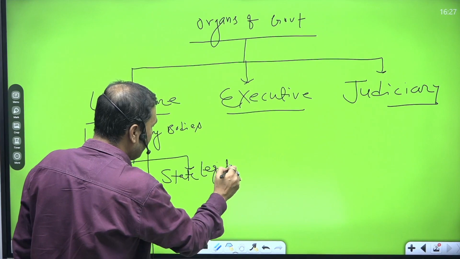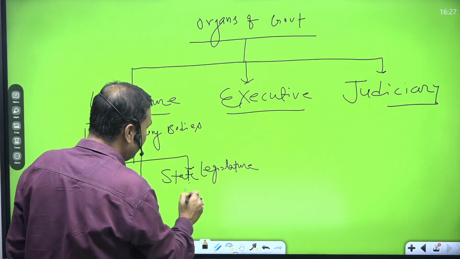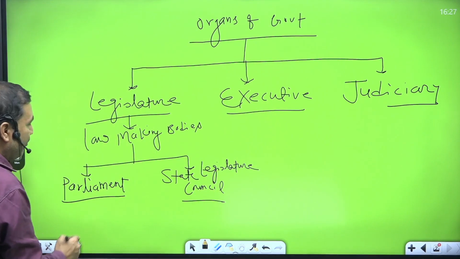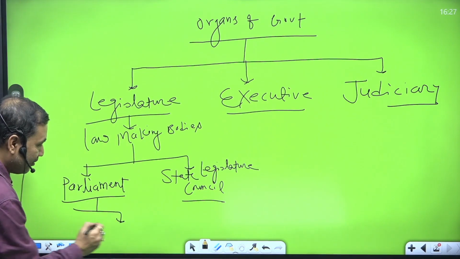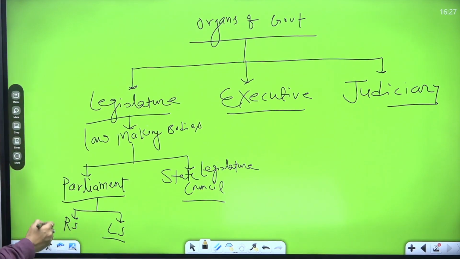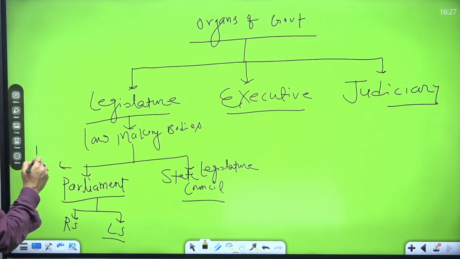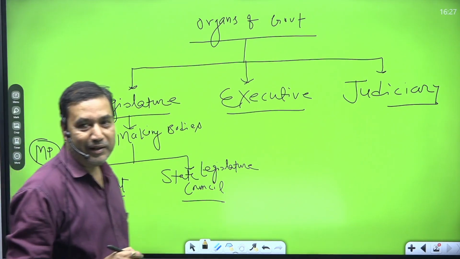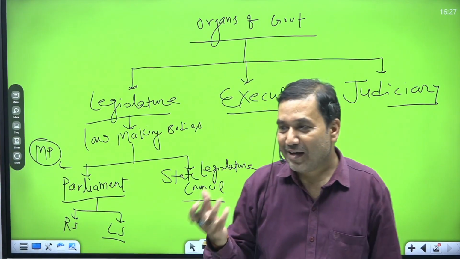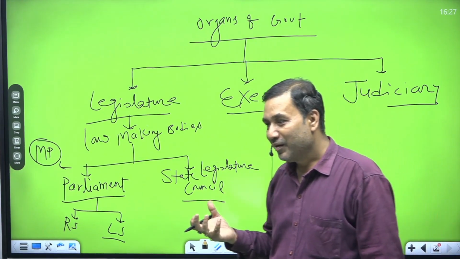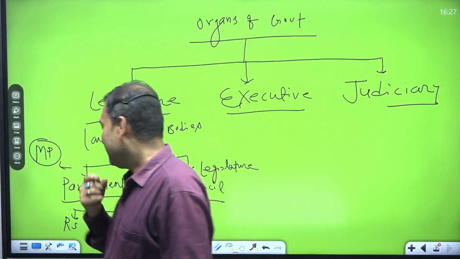The parliament is bicameral: Rajya Sabha and Lok Sabha. Its member is called MP, member of parliament, in Hindi Sansad.